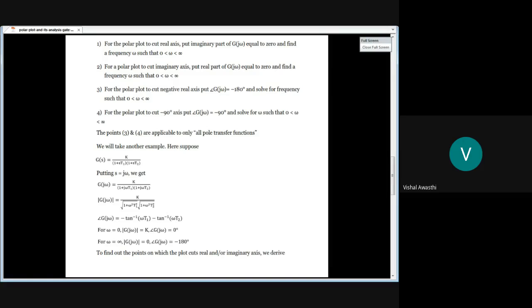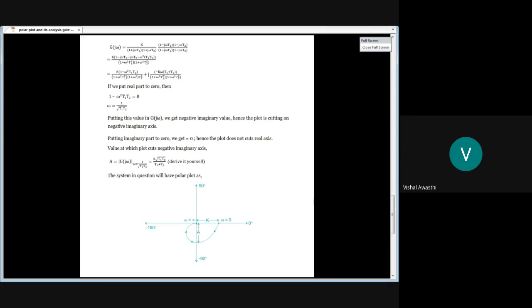Again, you have to take the values of omega equal to 0 and omega equal to infinity. At omega equal to 0, you again get magnitude K and angle 0. At omega equal to infinity, magnitude is 0 and angle is minus 180.